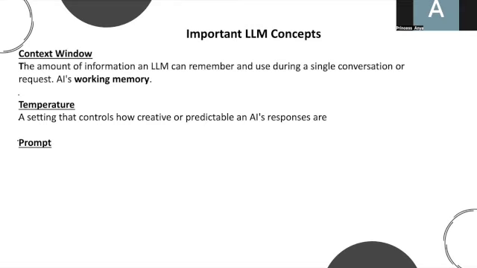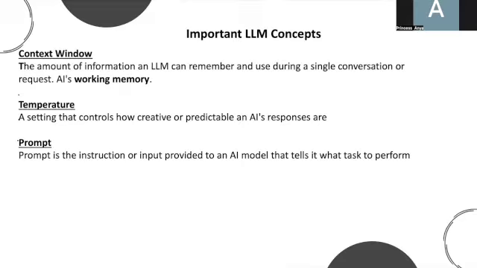The next important concept is the prompt. A prompt is the instruction or input provided to an AI model that tells it what task to perform. In our next module, which is Module 3, we will go in depth into prompt engineering. The fourth important large language model concept is hallucination.